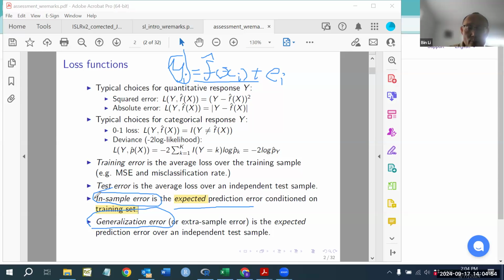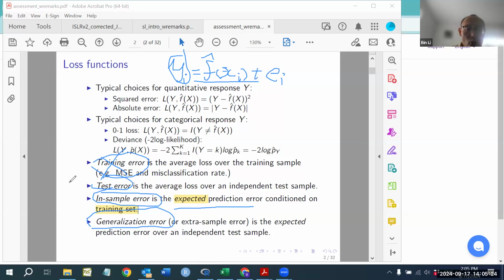So which is what we are most interested in? Training error, test error, in-sample error, or generalization error? In practice, which one are we most interested in? We want to find a model to minimize what? Not the training error, that's obvious. What about test error?